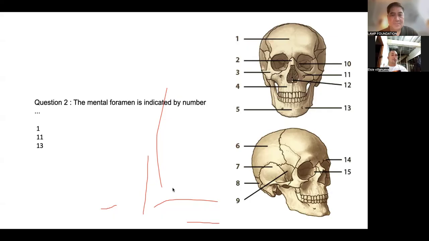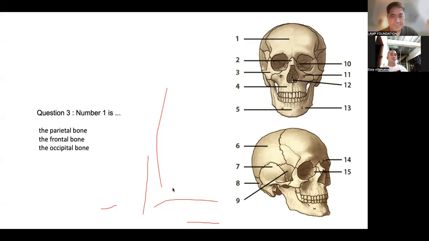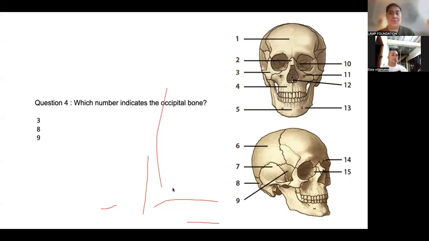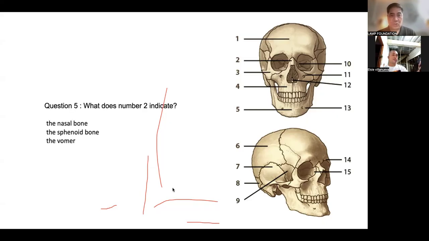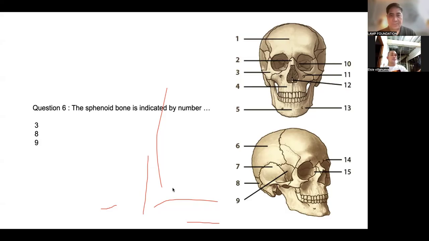Mental foramen. Number 2 is number 13. 1 is frontal bone. Occipital bone. Number 8. 2, the nasal bone. Sphenoid bone.